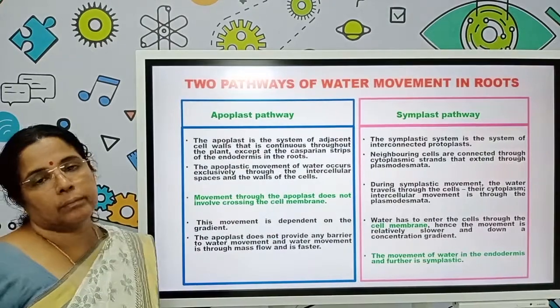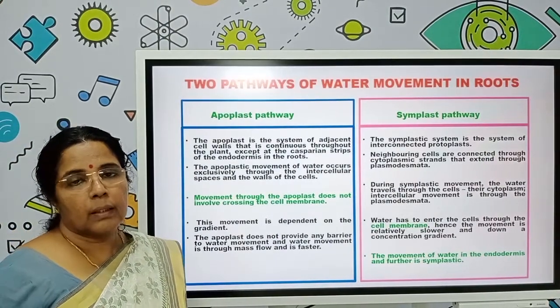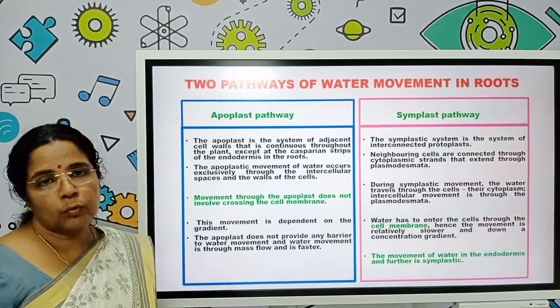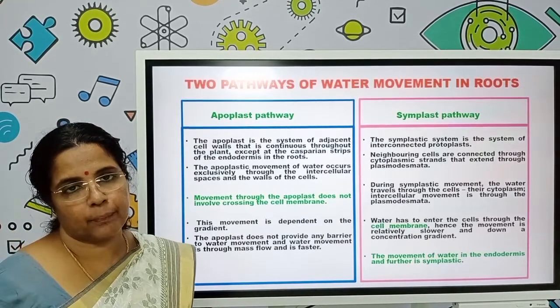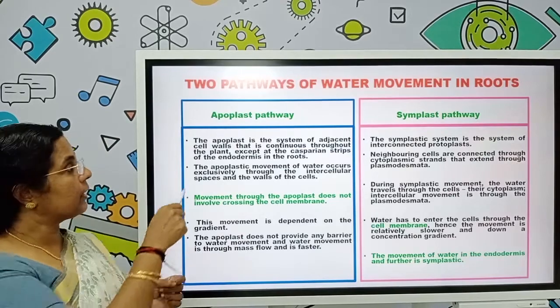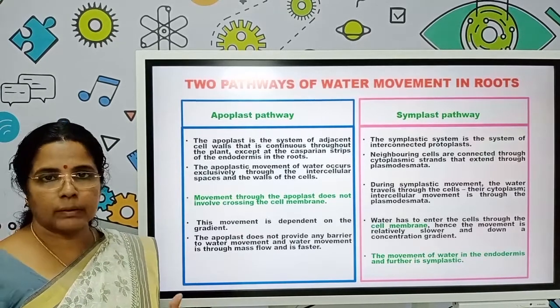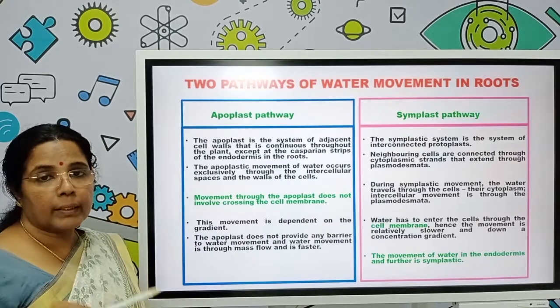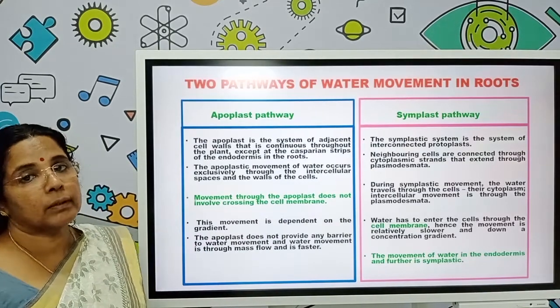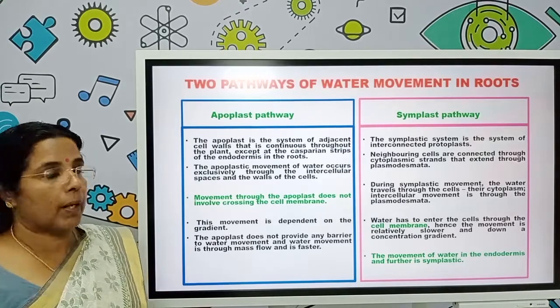In the apoplast pathway, water moves through the cell walls and the intercellular spaces. The speed of the apoplast pathway is a little higher. Whereas in the symplast pathway, water moves through the plasmodesmata, through the cytoplasm.